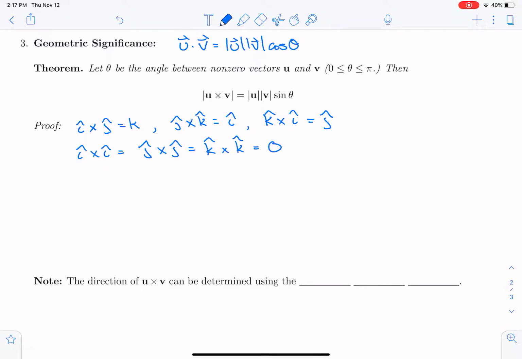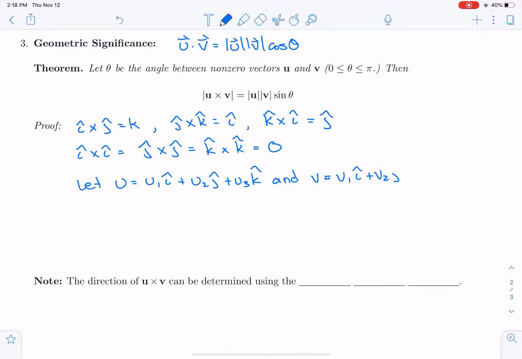If you have those properties, then you can let u equal u1 i hat plus u2 j hat plus u3 k hat, and you can let v be v1 i hat plus v2 j hat plus v3 k hat.